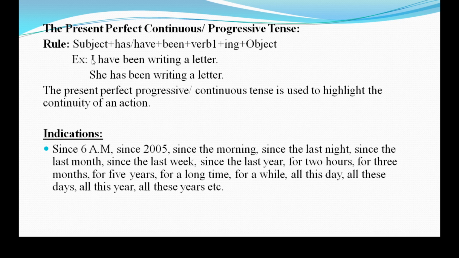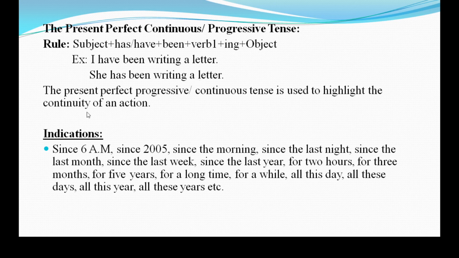Here, I is the subject, have been is the present perfect continuous form of the verb, writing is the main verb with ing added, A is an article, letter is the object. In the similar way, she is the subject, has been is the present perfect continuous form of the verb, writing is the main verb plus ing form.